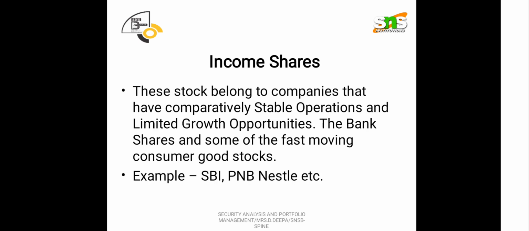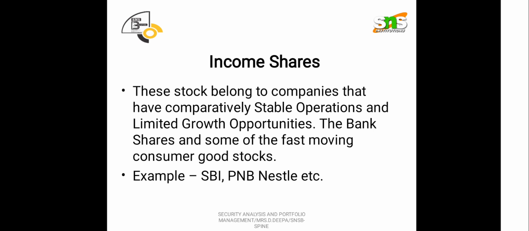Income shares. Basically, these kinds of stocks belong to companies running stable operations with limited growth opportunities. Their operations, as well as their income and growth, move in a stable, constant way.